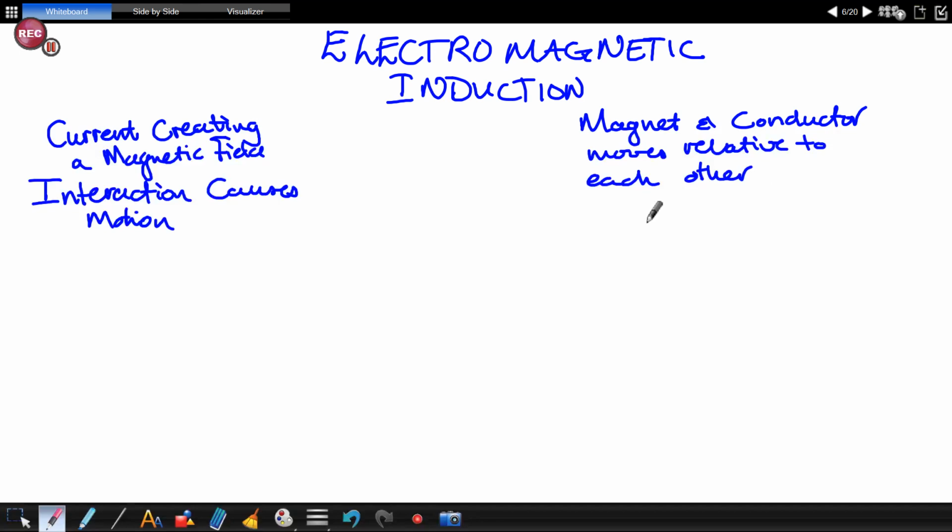So the motion causes electricity. Okay, so we have two situations. One, we have a current flowing in a conductor that is placed in a magnetic field, and that causes motion. The other one is where you take a conductor, you move it in a magnetic field, and it creates electricity.